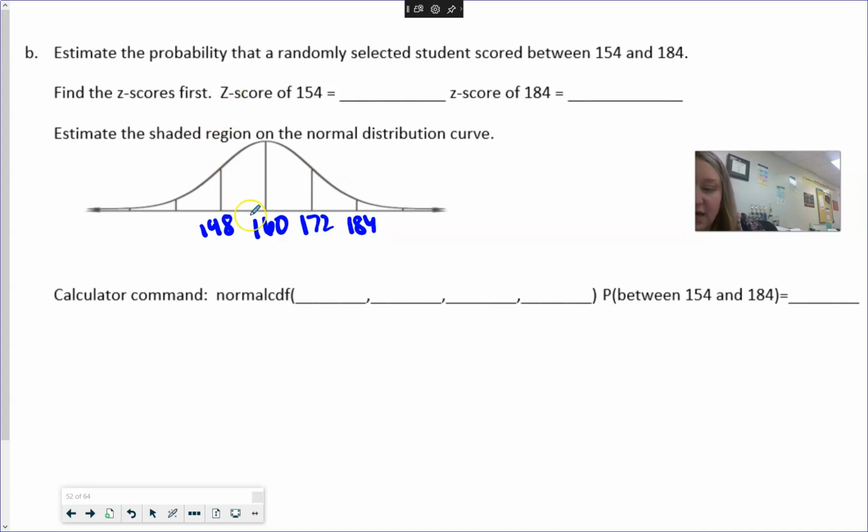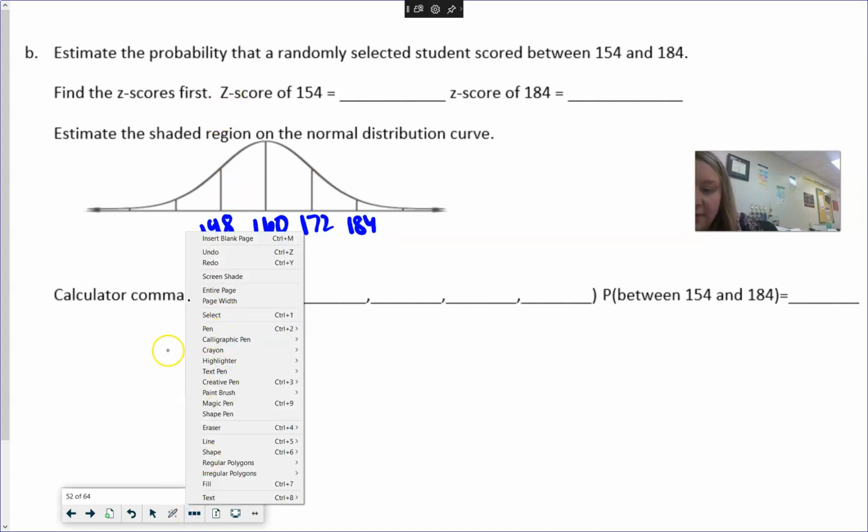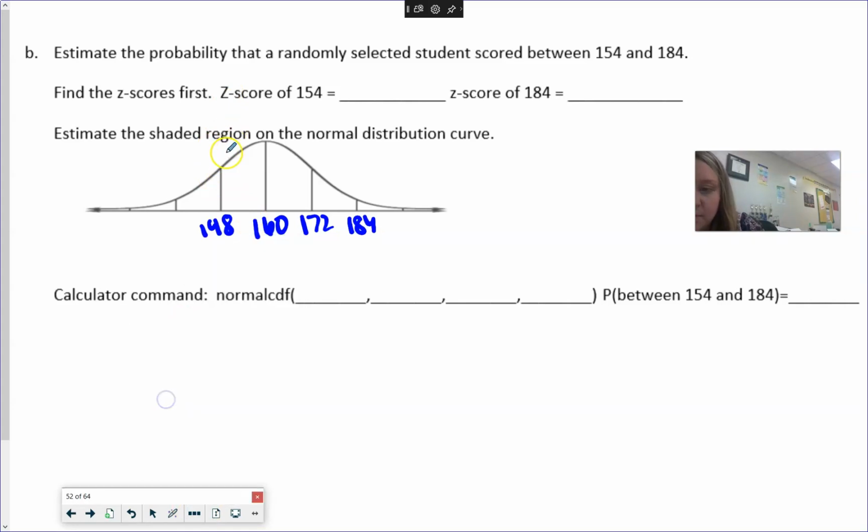That's all I need. So 154 is about right here, right? Let me put that more in the middle. 154 and then 184. So the area of this piece being shaded.